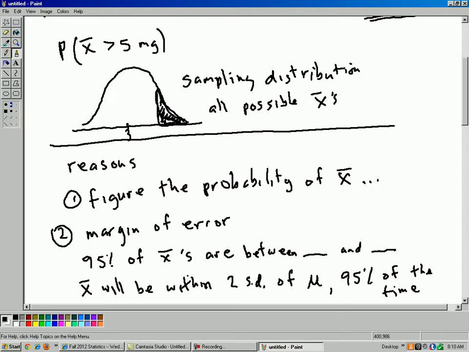That's a very powerful statement. Once you know what two standard deviations is, even if you don't know the real population mean, which you're not going to know, you've got yourself a margin of error. And that's another big reason for sampling distributions. And that's what sampling distributions are all about.